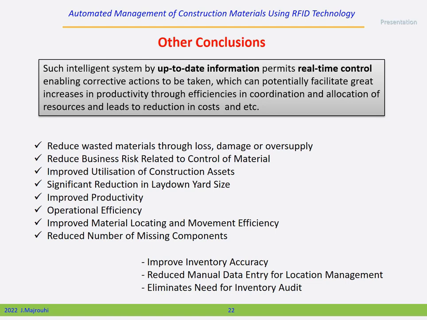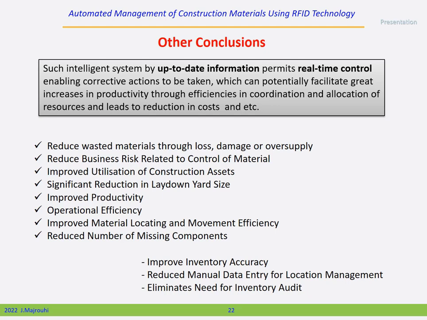On the other hand, such an intelligent system, with up-to-date information, permits real-time control enabling corrective actions to be taken, which can potentially facilitate great increases in productivity through efficiencies in coordination and allocation of resources and lead to reduction in cost and so on.